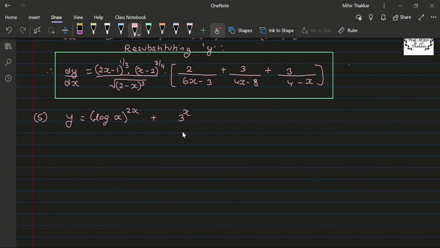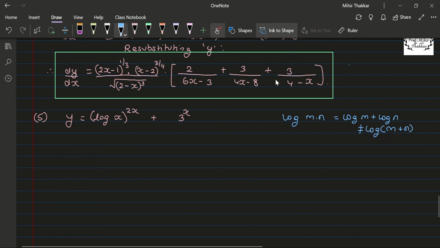Now the problem over here is we cannot apply the log directly in this kind of a sum. The reason is that we have a property of log of m into n, which is equal to log of m plus log of n. But this cannot be equal to log of m plus n.